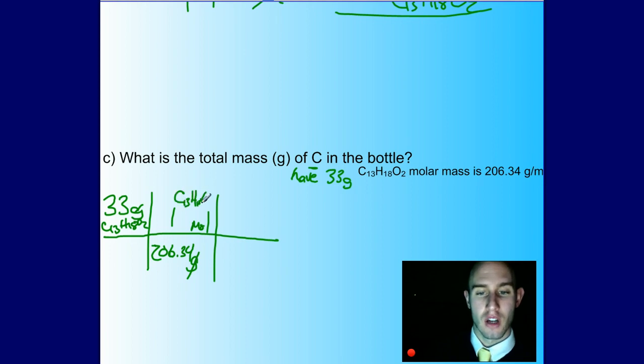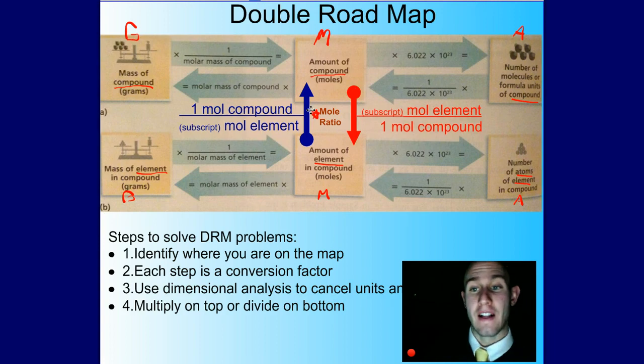Now this is where your mole conversion or mole ratio comes into play, and where this is really important for you to look at if you need to. So I go back to here. This is my mole ratio. I was just in grams of a compound, 33 grams of ibuprofen. I divided by the mass of the compound to get it into moles.